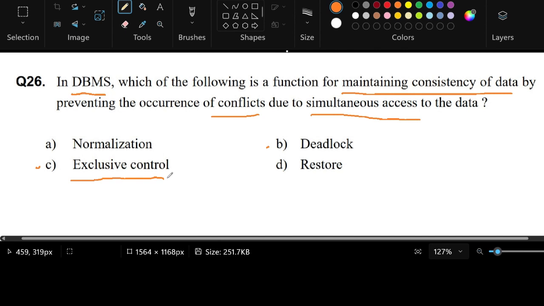There has to be some way to identify if the updates that you did would be included in the next set of updates, or would just be scrapped and the newer version uploaded, and whatever you changed wouldn't be reflected in the new version anymore. So we want to prevent that, and that's why we have something like exclusive control.